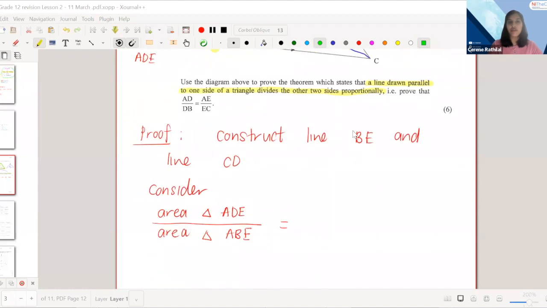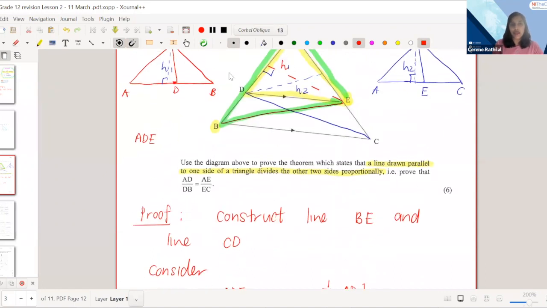Wouldn't it be half times AD times H1? That's half base times height. And I see that there was someone that actually had provided that answer. So I'm just trying to scroll very slowly because we have numerous responses.